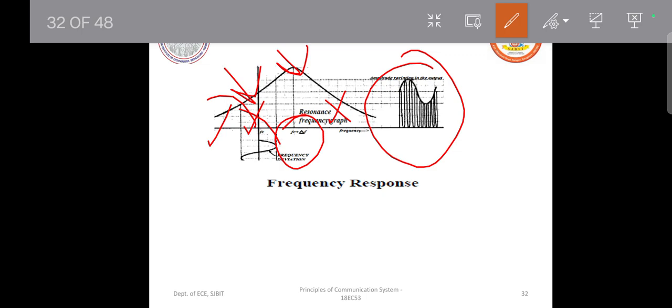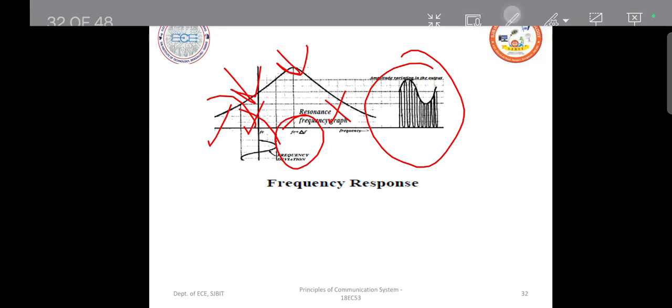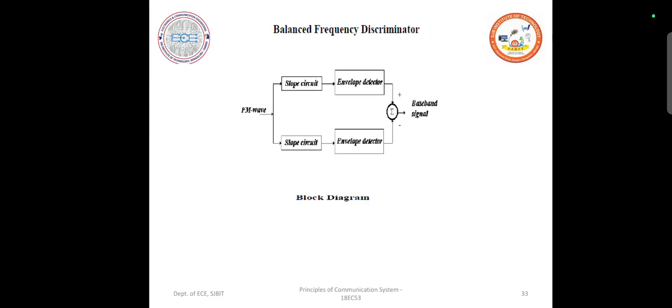So the amplitude of the carrier, anyway the frequency is changing there, but the amplitude is also varying because of the slope detector operation. Now this kind of input is what is used in the envelope detector. So the envelope detector will take care of the actual demodulation process, and we'll be able to get back our message signal.